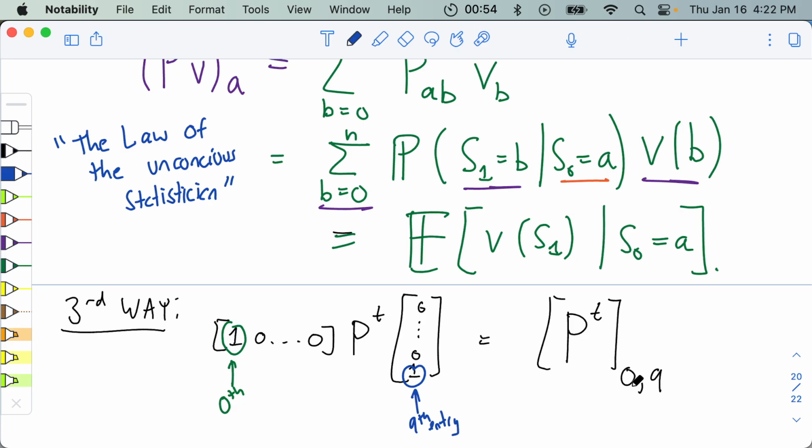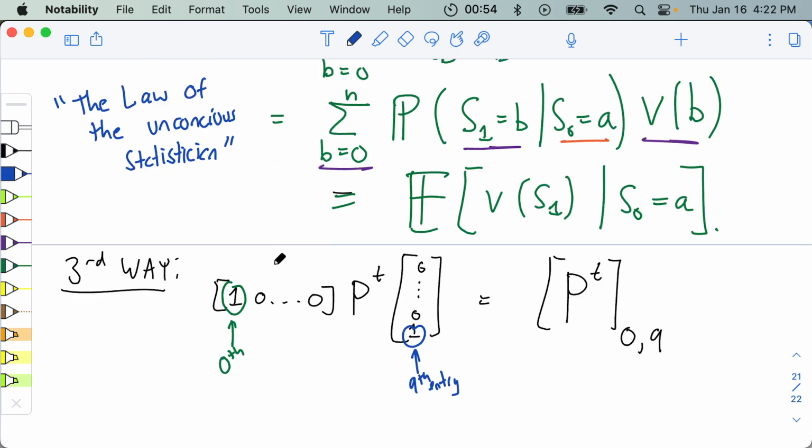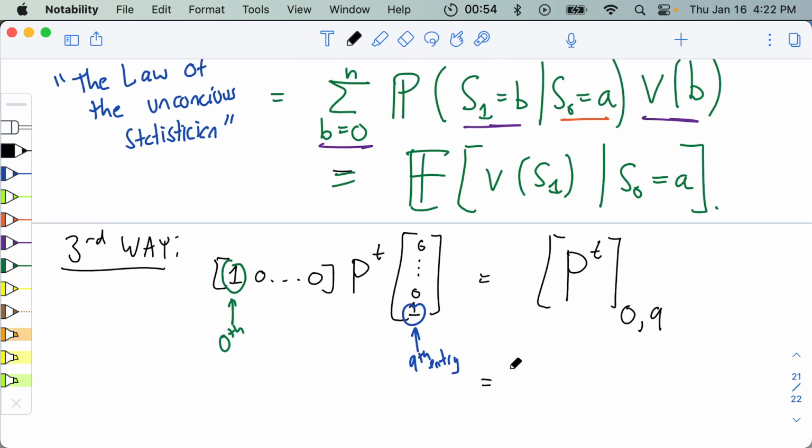And it turns out that if we did just P0,9, like if T was equal to 1, that would be a nice probability, right? And it turns out this one is a probability too. This is the probability of something being 9 given that you started in state 0. If it was just S1, that would be the regular P. So when T equals 1, it's S1, but in this situation, it's ST. It's the Markov chain after T steps.